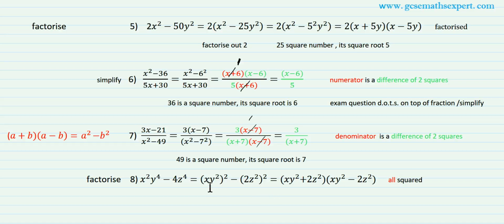So in that case we write it as x times y squared plus 2 times z squared, times x times y squared minus 2 times z squared. So again this is x y squared all squared, take away 2z squared all squared, a difference of 2 squares.